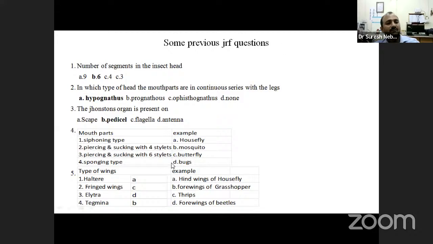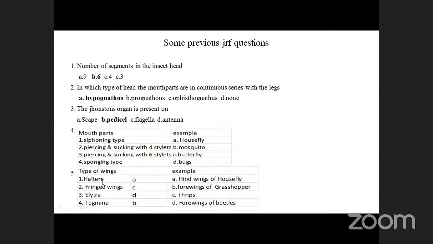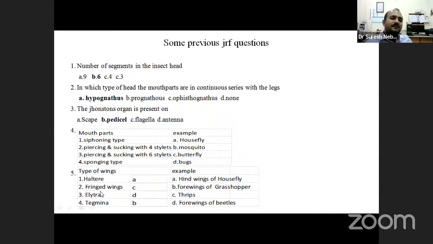So all these mouth parts and their examples. If there is a chewing type of mouthpart and there is any modification there, then that also you have to remember. Like wing modifications, halters, fringed wings, elytra, tegmina, these all modifications you have to understand and remember.